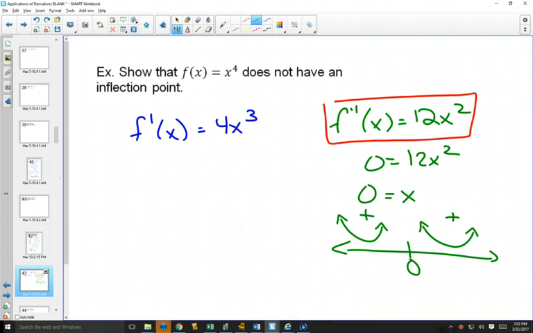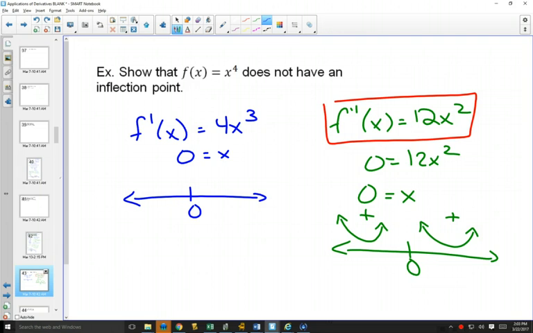The other way that you can show an inflection point is first showing that your second derivative is equal to 0, but then you would also have to show that your first derivative doesn't change sign at that point. However, if we set our first derivative equal to 0, we get 0 there.